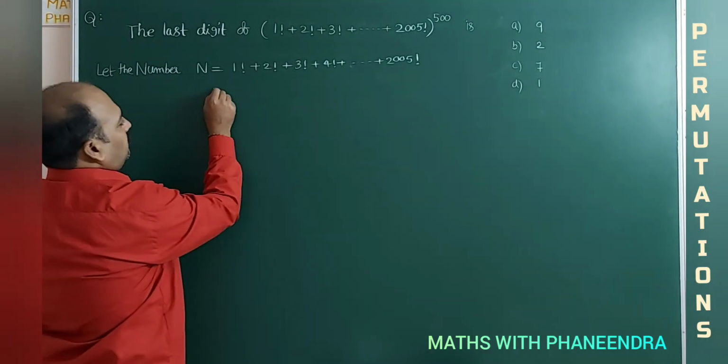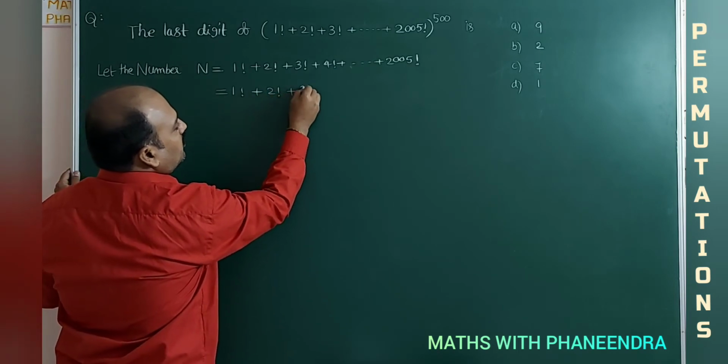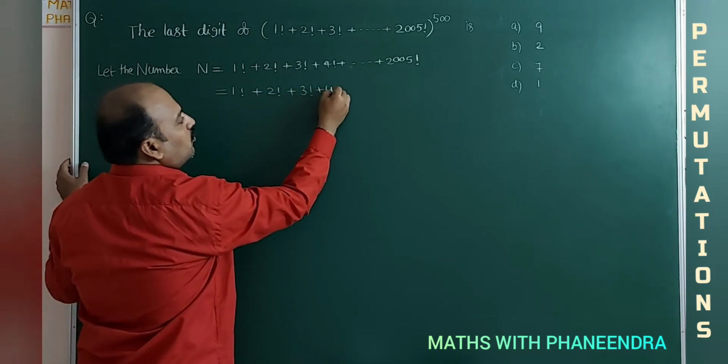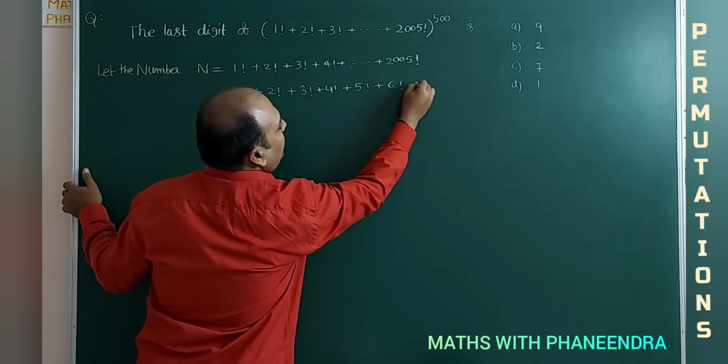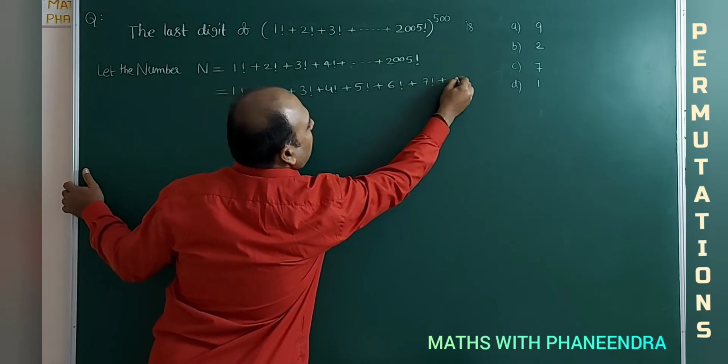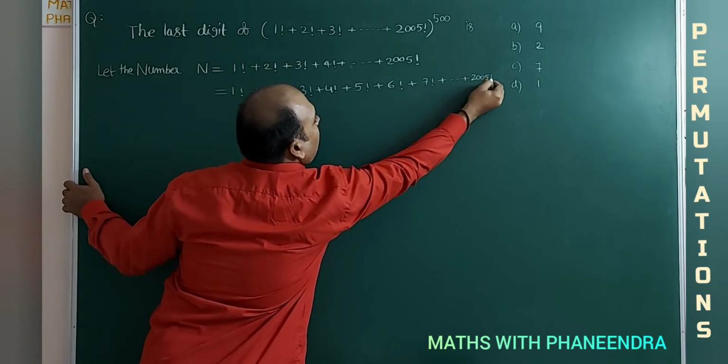You can write 1 factorial for understanding purpose. I am writing 2 factorial plus 3 factorial plus 4 factorial plus 5 factorial plus 6 factorial plus 7 factorial plus and so on up to 2005 factorial.